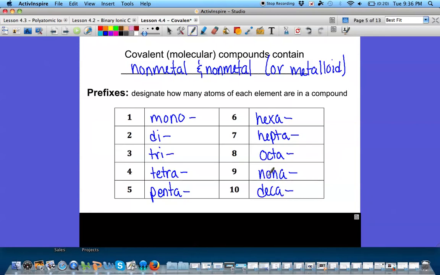These prefixes are located on the backside of your periodic table in the right-hand corner.